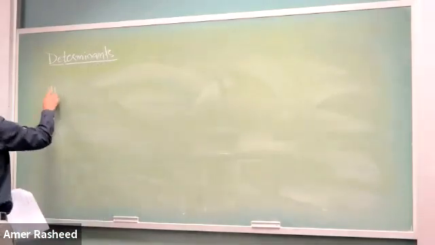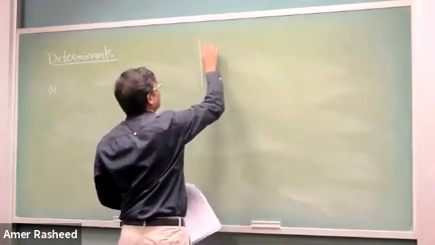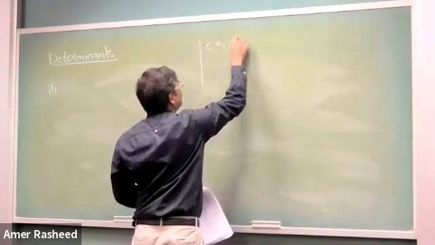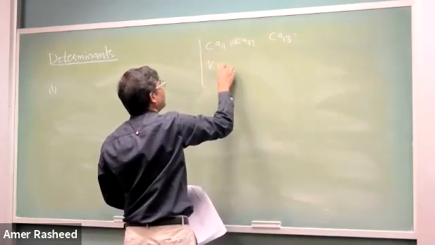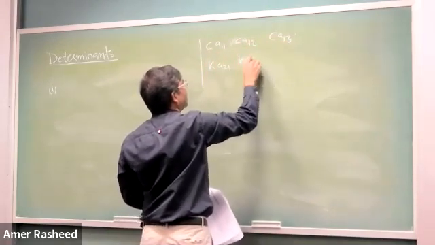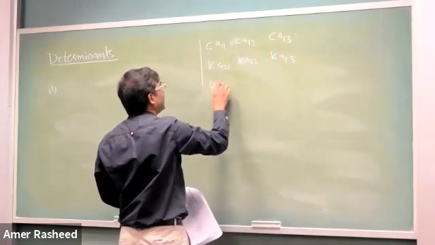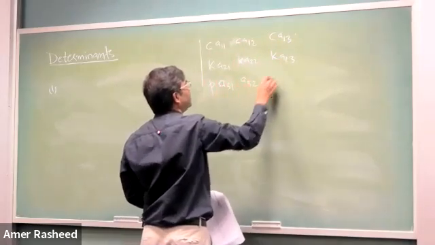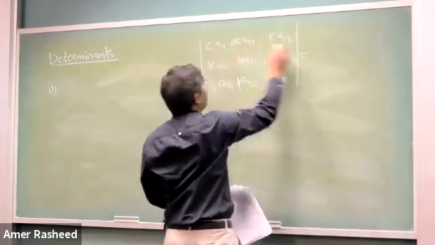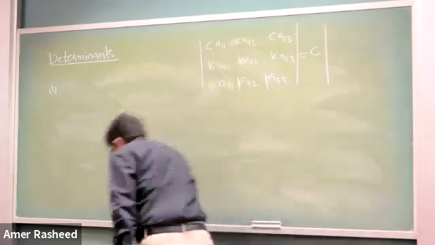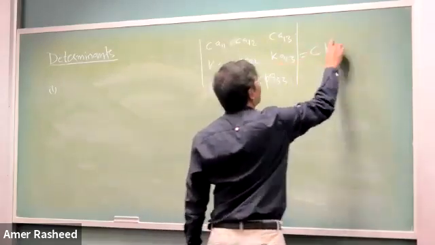First property, I already told you about the determinants. For example, अगर आपके पास यहाँ पे cA11, cA12, cA13 और यहाँ पे kA21, kA22, kA23 और यहाँ पे pA31, pA32, pA33, p times. अगर ये determinant है तो पहली row में से आप c common ले लें, second row में से आप k common ले लें और third row में से आप p common ले लें.